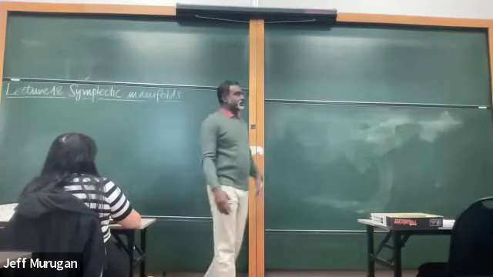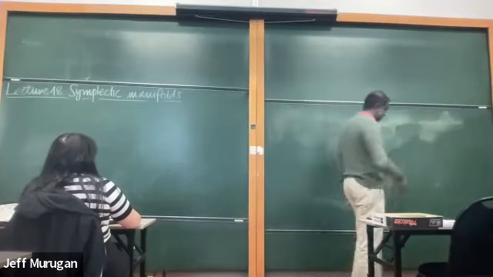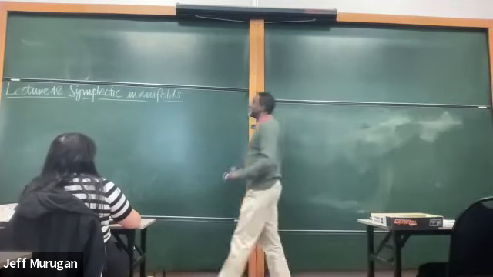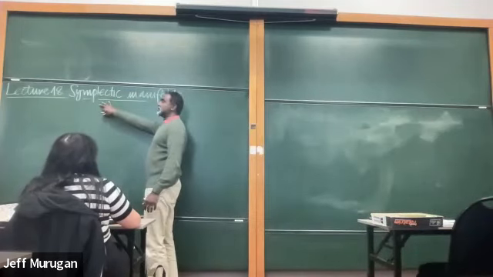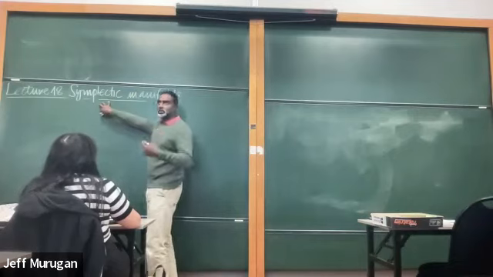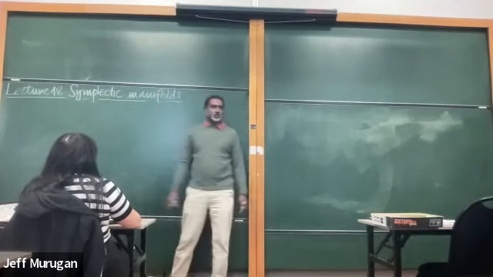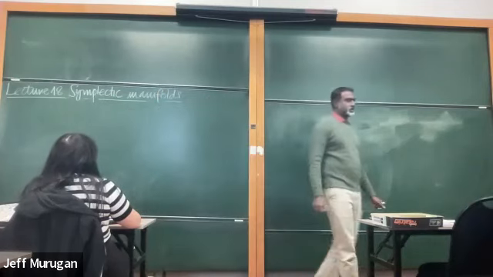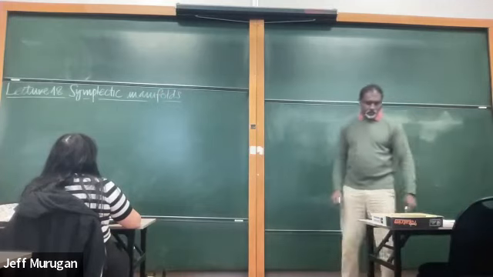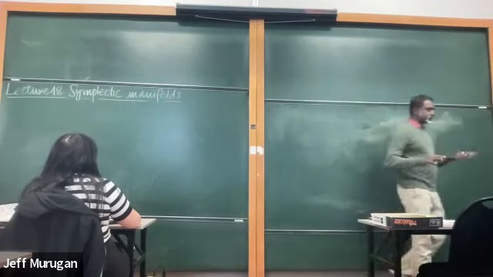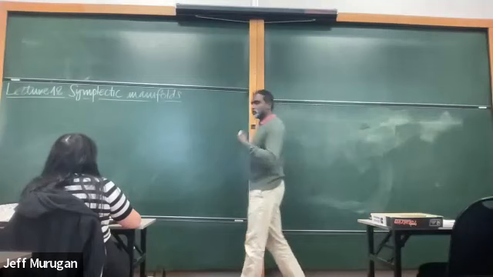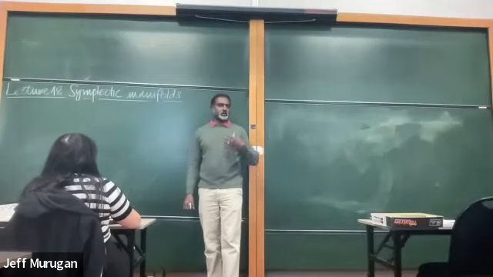And symplectic manifolds and the symplectic structures defined on such manifolds are a really beautiful example of how the language of differential geometry allows you to extract some of these physical consequences in a really pretty way. So I want to explore a little bit of that today. What we're going to do is revisit things that we've been talking about in the last couple of lectures and frame them in the language of the differential geometry that we've been building.